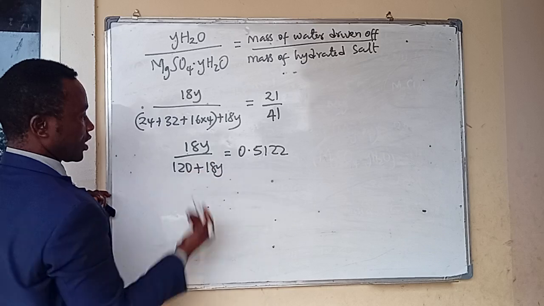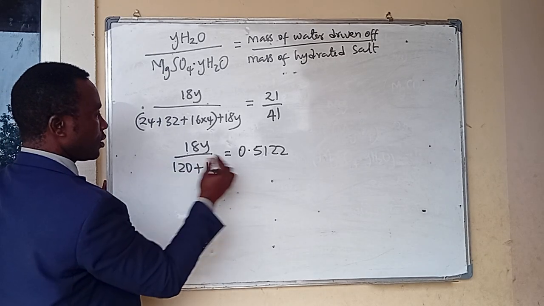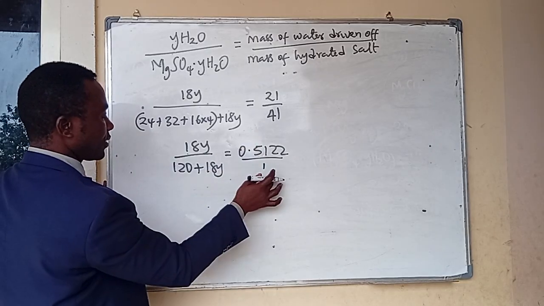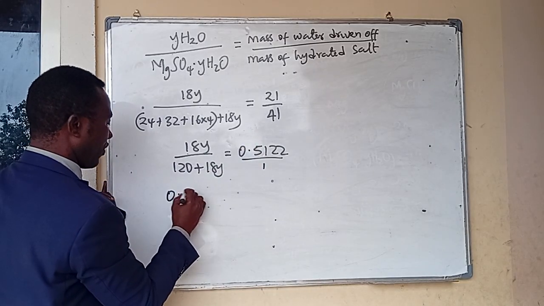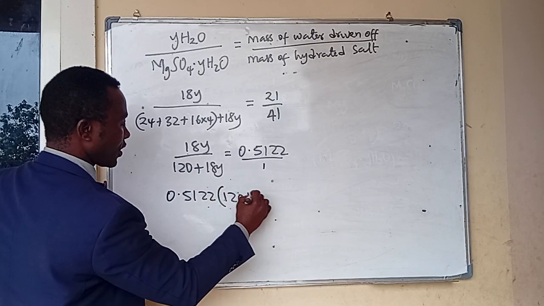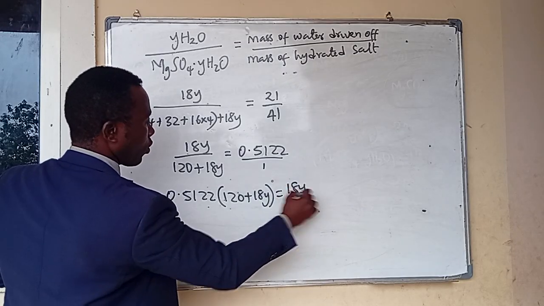Now, if we have this, we can solve for Y. We can cross multiply. This is over 1, so we can do this times this, then this times this. So we'll have 0.5122 multiplying 120 plus 18Y on one side and 18Y on the other.